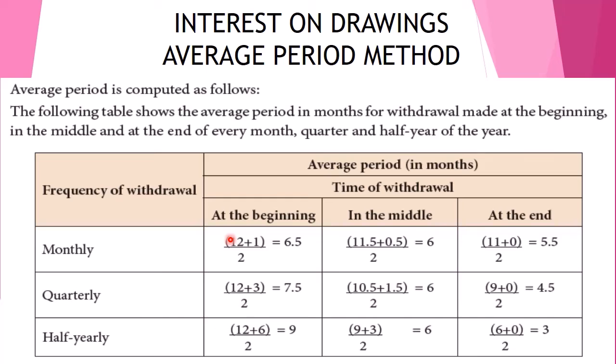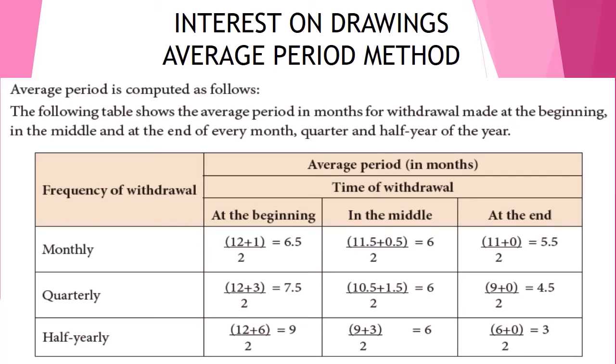We add them, that is 12 plus 1 by 2, which gives 6.5. Similarly, all the other calculations are done. Using this tabular column, we will be able to work out our problems.